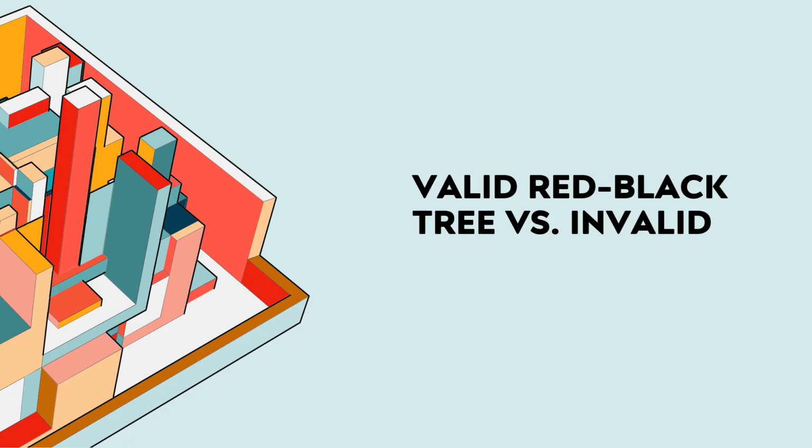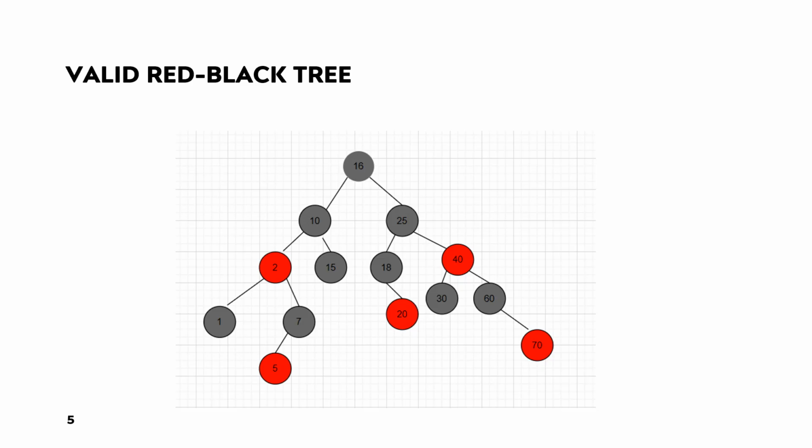I'm going to highlight some key differences between a valid red-black tree and an invalid red-black tree, and these will show how the invalid red-black tree breaks the properties while the valid red-black tree maintains the properties, as discussed earlier. As you can see here, we have a red-black tree.